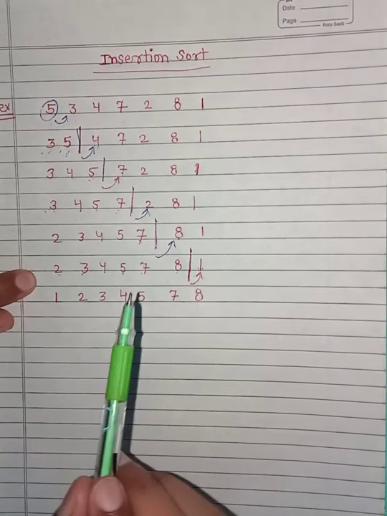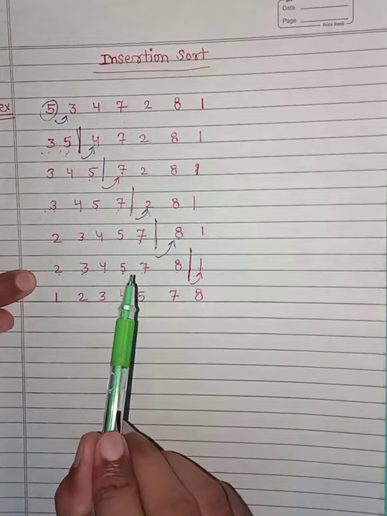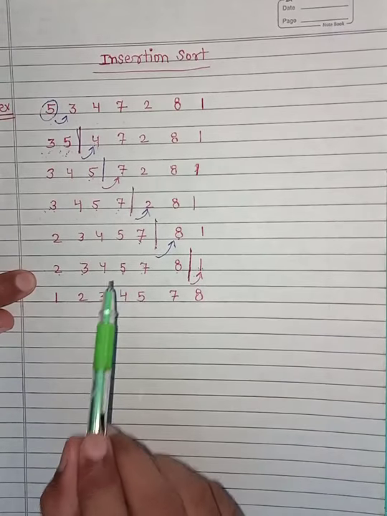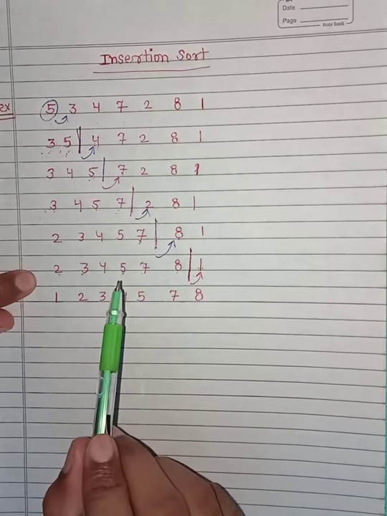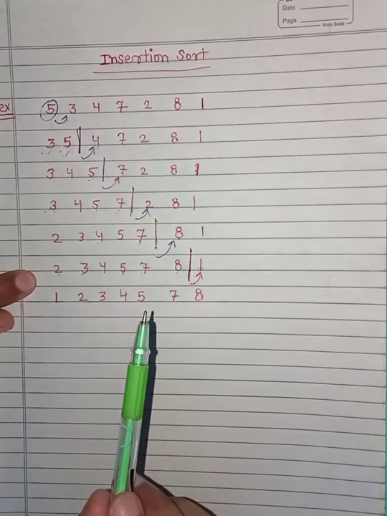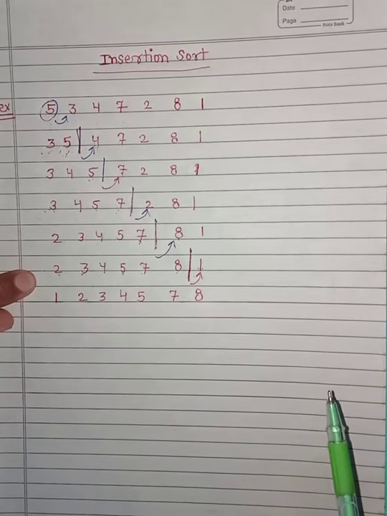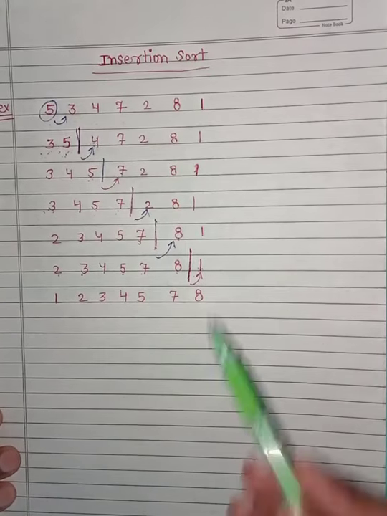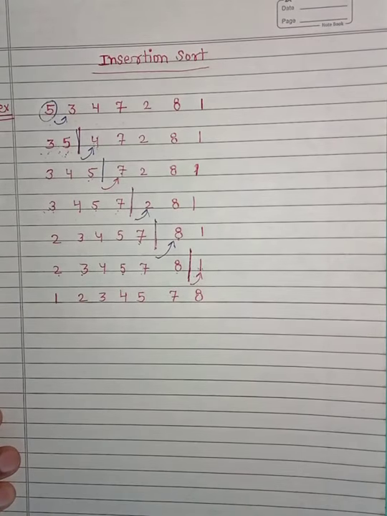We have to just insert the element to its correct position among the left side elements. Now let's see the complexity of the insertion sort algorithm.